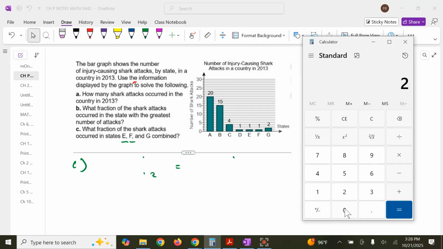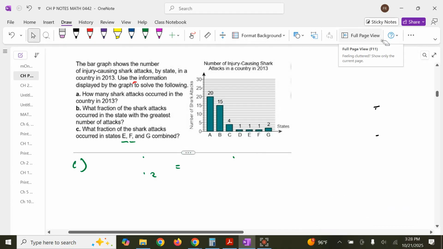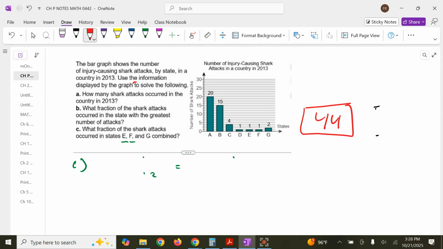We got 20 and 15 and 4 and 1 and 1 and 1 again and 2 more. And I'm coming up with 44. Okay. So, y'all, we got 44 as my total. Okay. So, for part A, the total is 44.